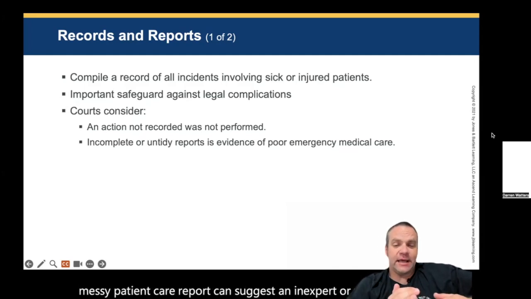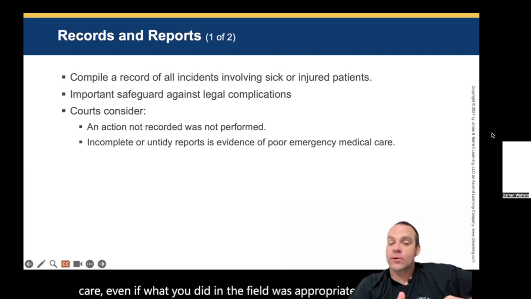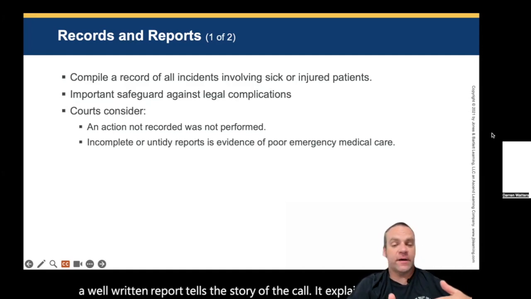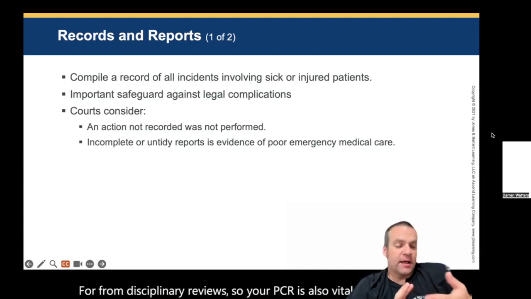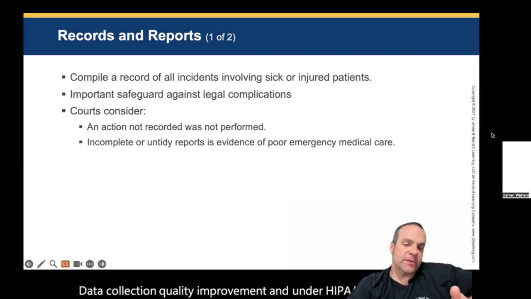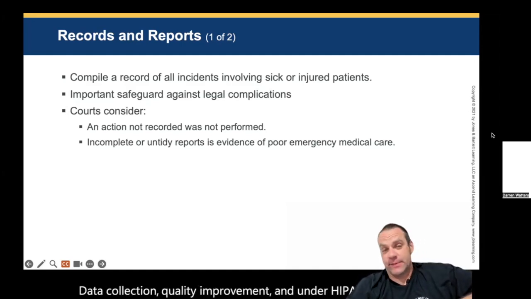Conversely, a well-written report tells the story of the call. It explains your decisions and protects you in court and in disciplinary reviews. Your PCR is also vital for billing, data collection, and quality improvement, and under HIPAA, it becomes a permanent part of that patient's medical record once it's submitted.